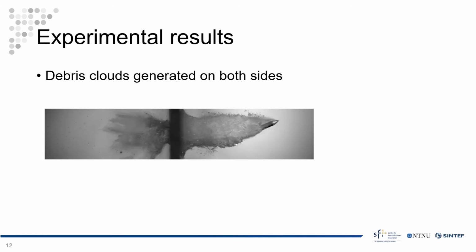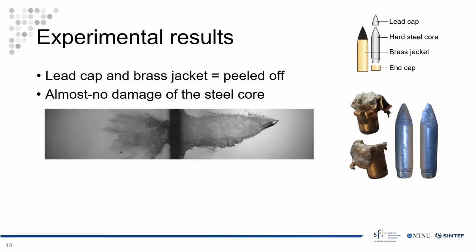Next, we got clouds of glass fragments on both sides of the plate, and these clouds traveled in opposite directions. We also saw that the lead cap and the brass parts were always peeled off the bullet during impact. But we didn't see that much damage in the core of the bullet, only small changes to the tip of the core.